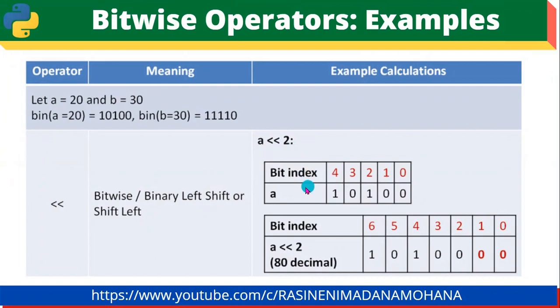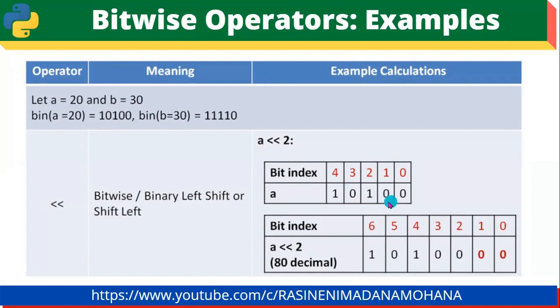Originally, the binary value of a is 10100. The index is right to left, starting with 0: 0, 1, 2, 3, 4. Here indexes are very important whenever we are shifting the cells, one cell at a time. Now what is the condition? 2 cells we have to shift towards the left. Total 5 bits are there.